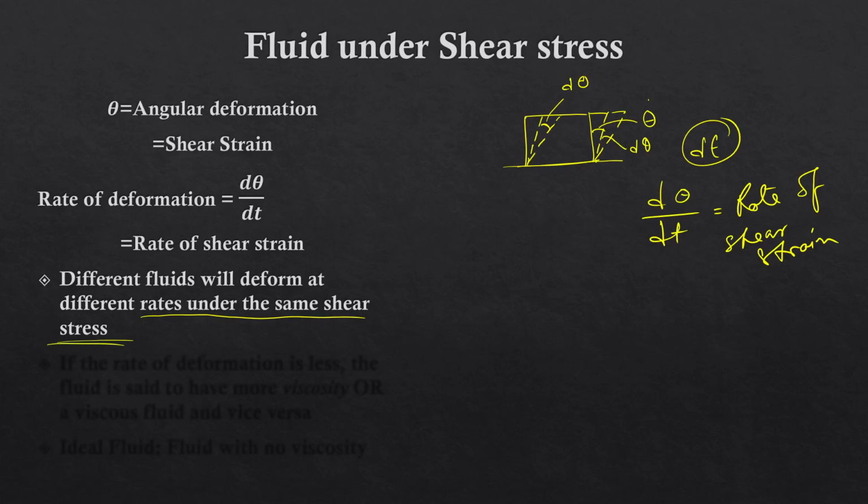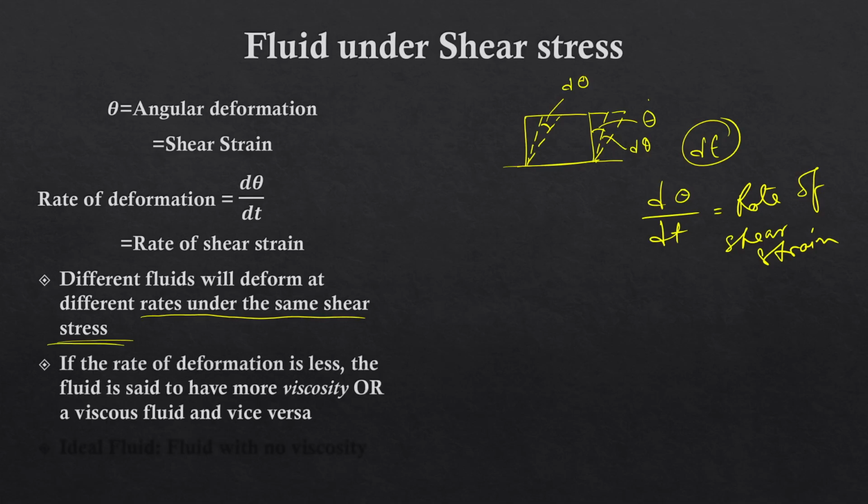So if the rate of deformation is less, that means under a given shear stress, a fluid or a liquid is moving at a slower rate or deforming at a slower rate, then it is said to have more viscosity, or to be said a viscous fluid. On the other hand, if it moves or it deforms quite rapidly under the same shear stress, in that case it is called a less viscous fluid, or a fluid with a smaller value of viscosity.